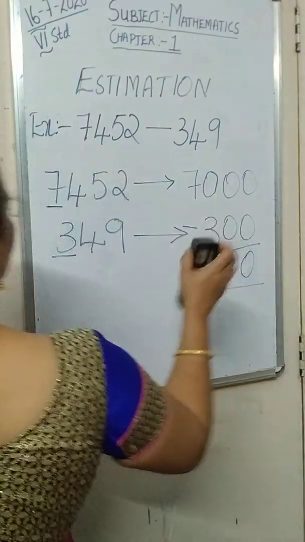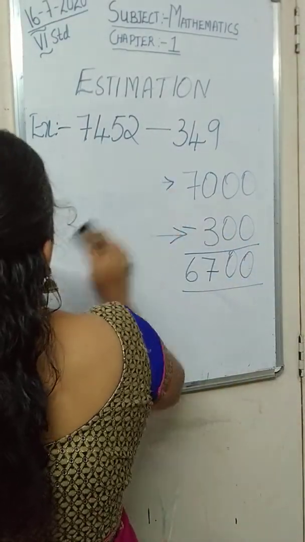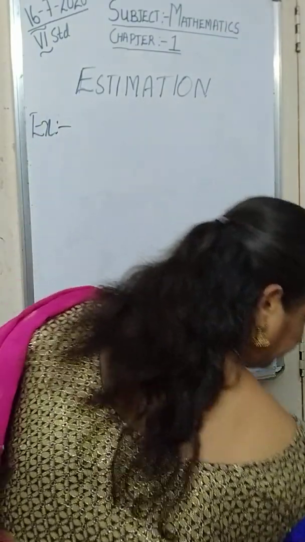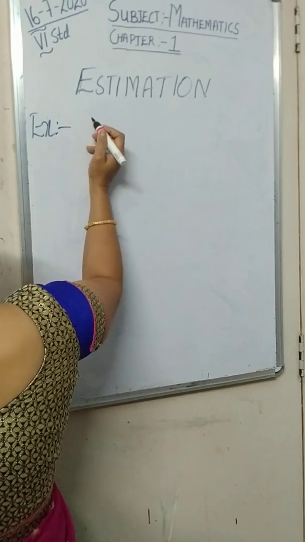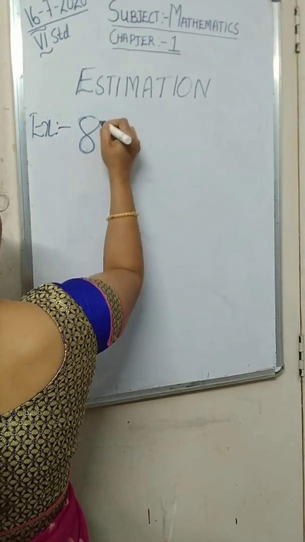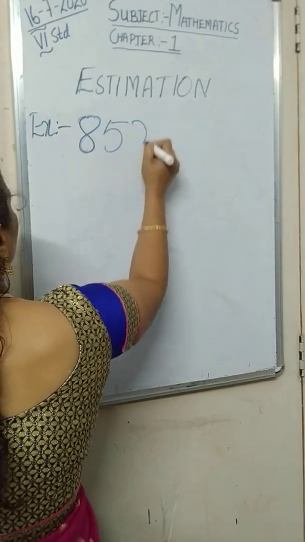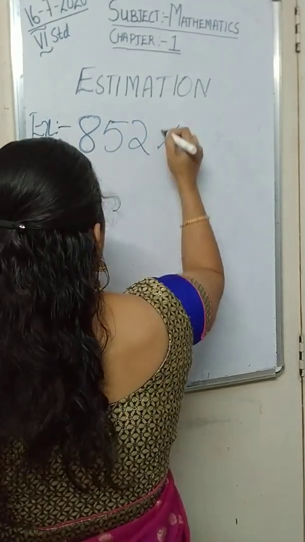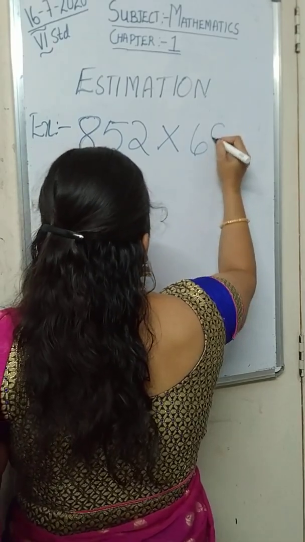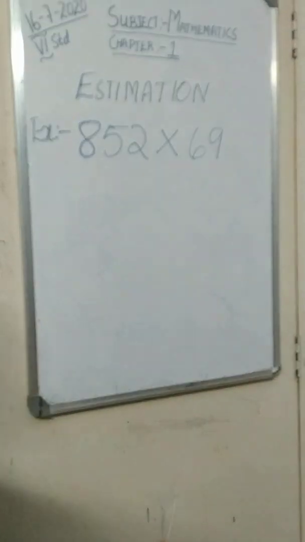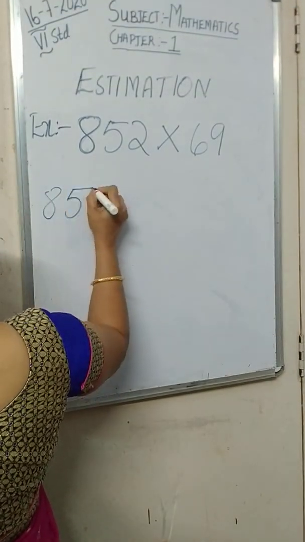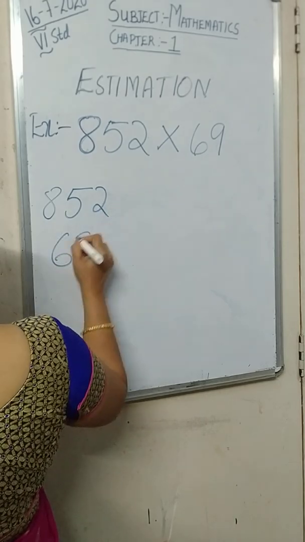Yes. Now let us move to the next example of multiplication. Look at the number here, 852 is to be multiplied by 69. Before multiplying, let us estimate the numbers 852 and 69.